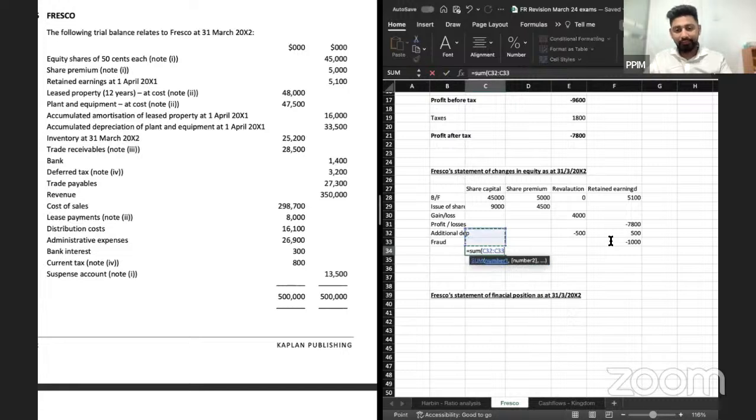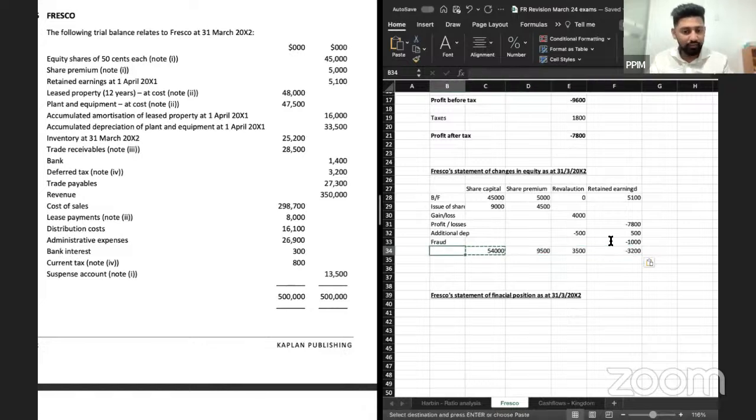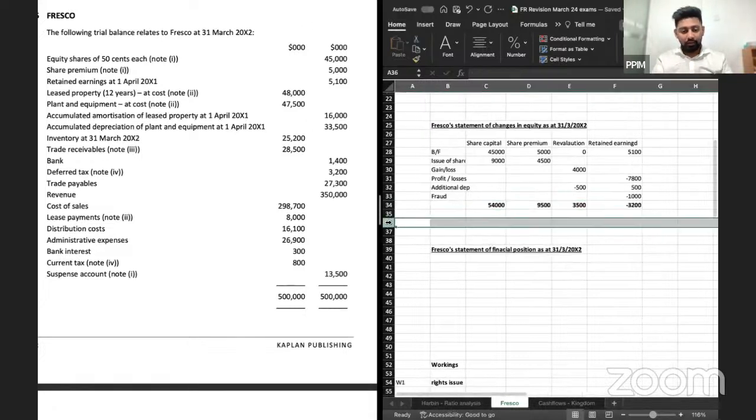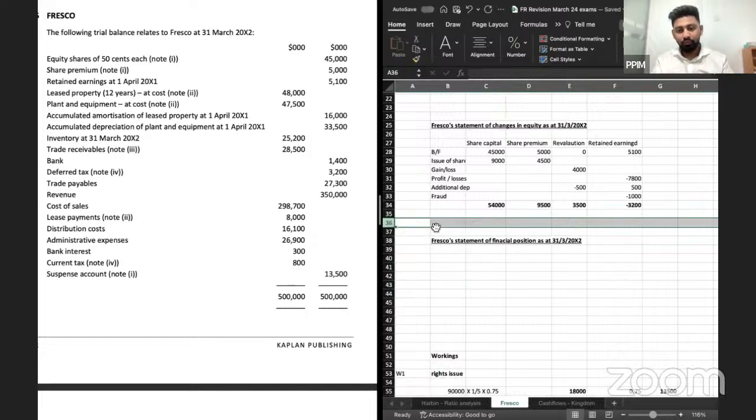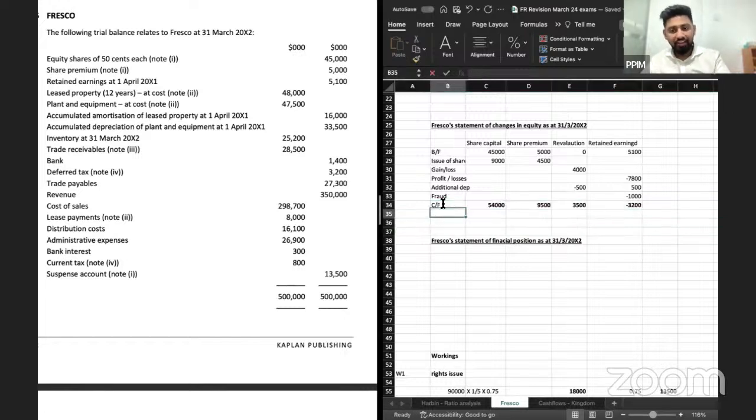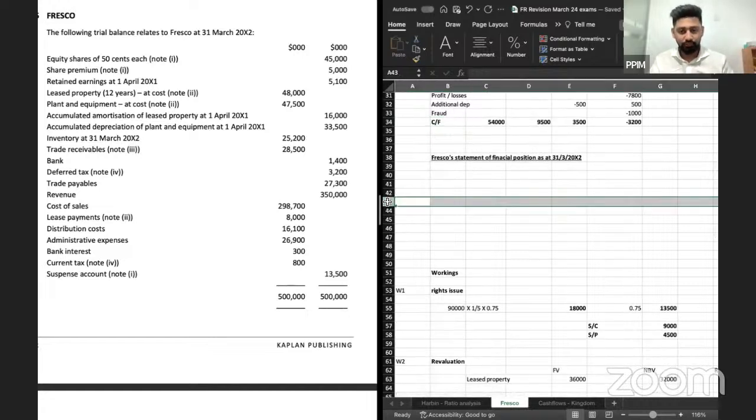Therefore, my net impact will be 54,000, 9,500, 3,500, and 3,200 loss. I'm done with my statement of changes in equity. So my carried forward, I can set off against my equity section in the balance sheet.